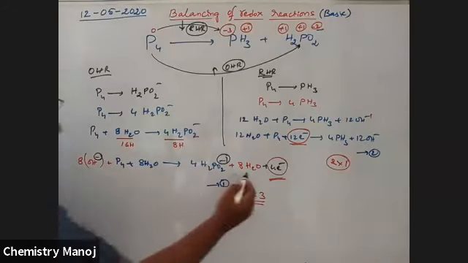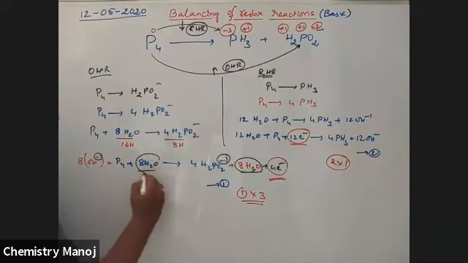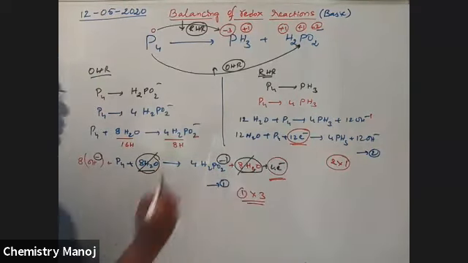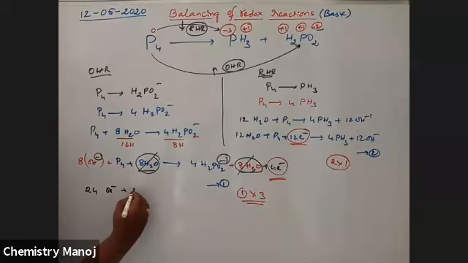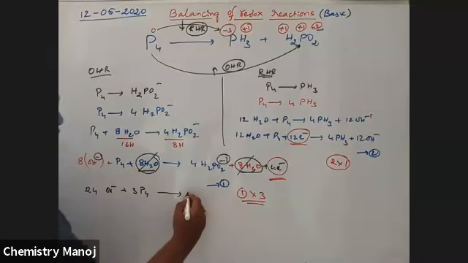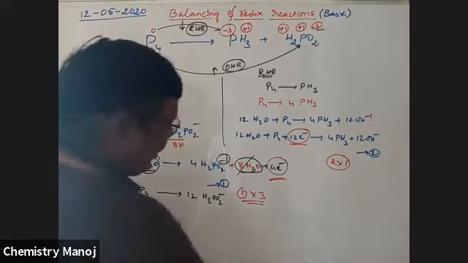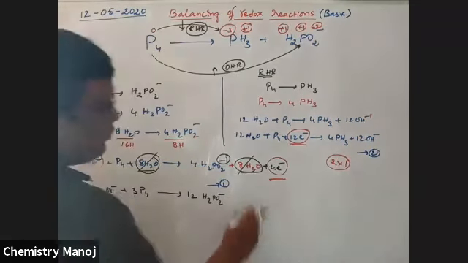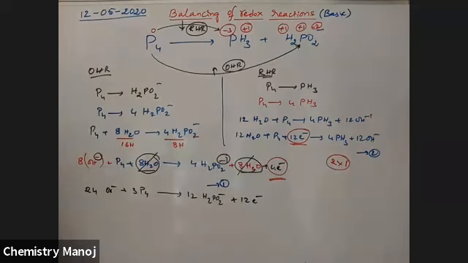Here 8 water molecules are there, and here 8 water molecules are there. Now these two are going to cancel. Now 3 times 8, 24 OH minus plus 3 P4 gives 12 H2PO2 minus plus 12 electrons. It is the new equation.